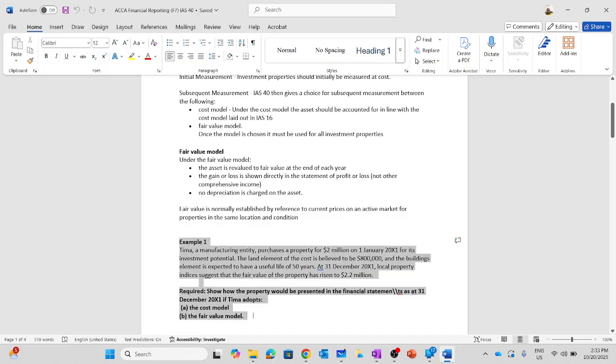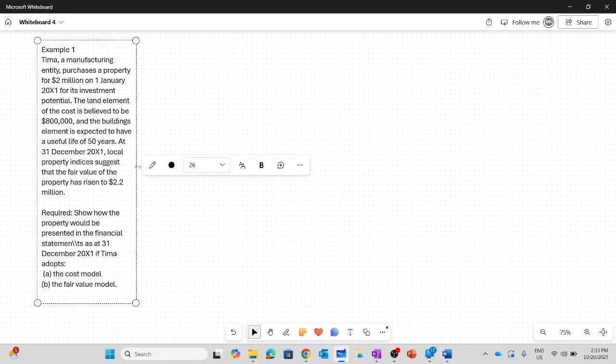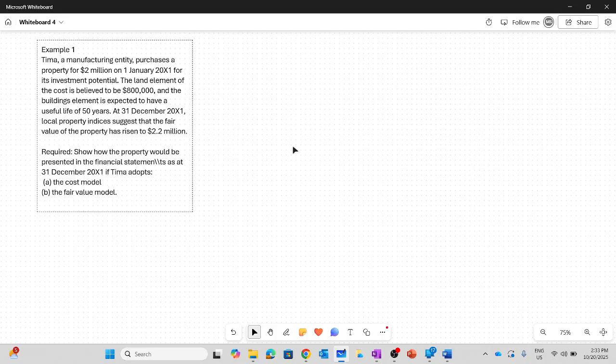So we copy example one and paste it on the drawing board. So now this is example one.